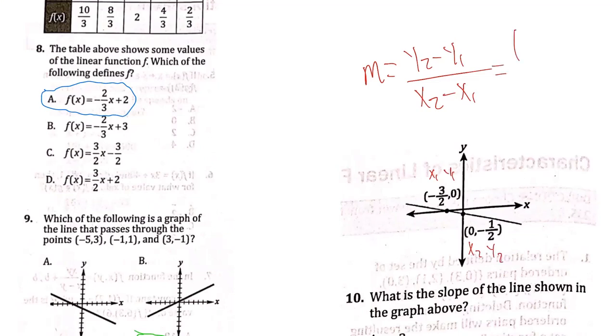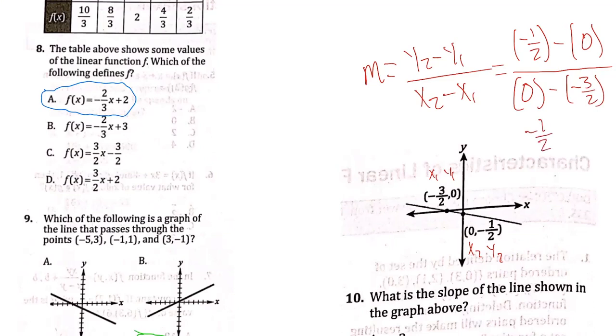My y sub 2 is -1 over 2 minus my y sub 1, which is 0. Now, let me make that 0 better. My x sub 2 is 0 minus x sub 1, which is -3 over 2. So my top part here is just -1 over 2, all over +3 over 2.